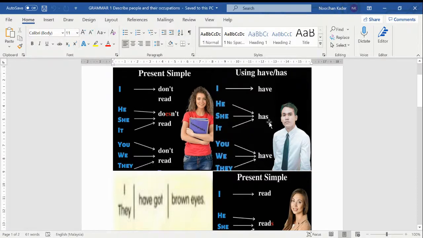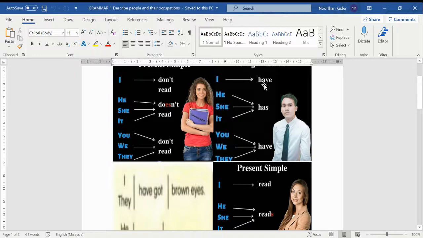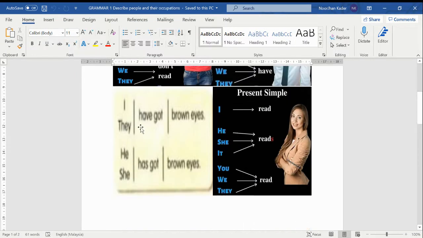Then after that, how to use have and has. Then from there, we develop further. So we will continue with possessive pronouns have got and has got. I want you to understand about have, has first. Then only I proceed to possessive pronouns have got and has got.